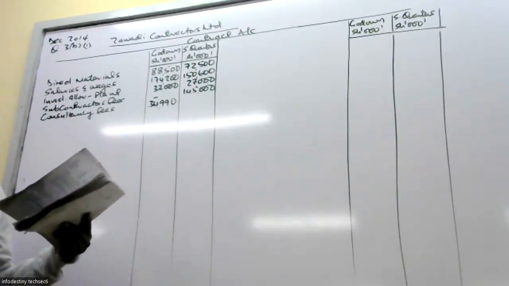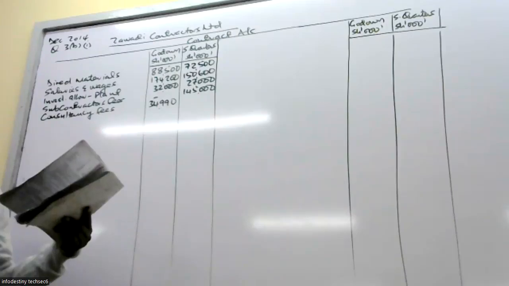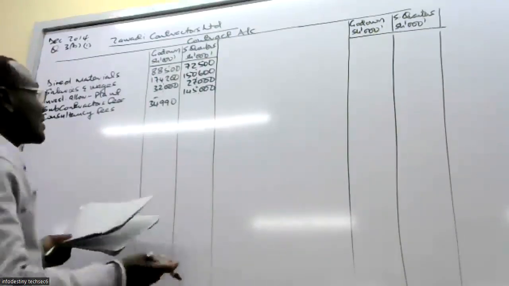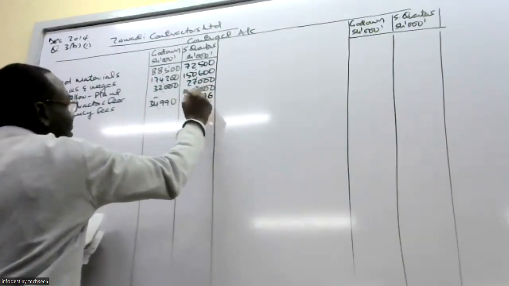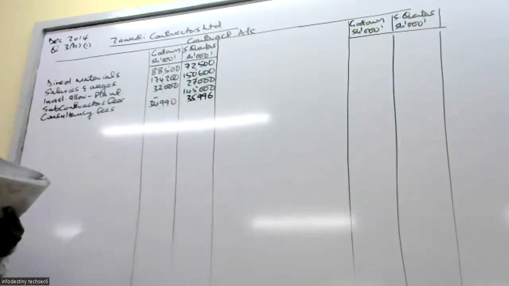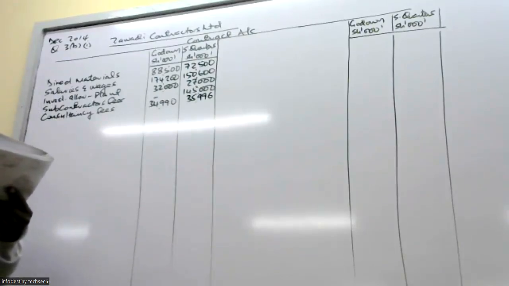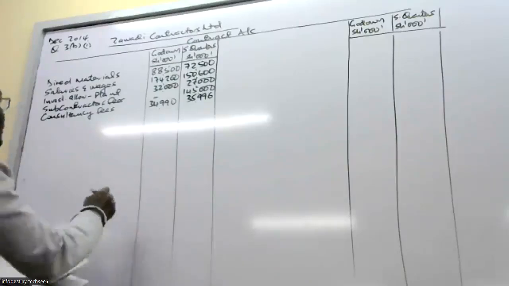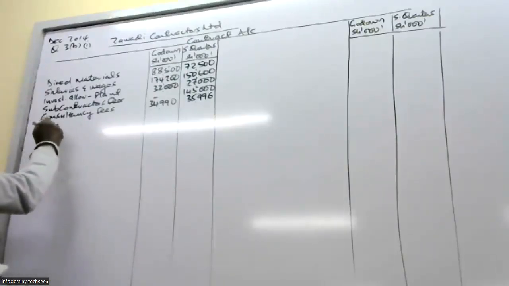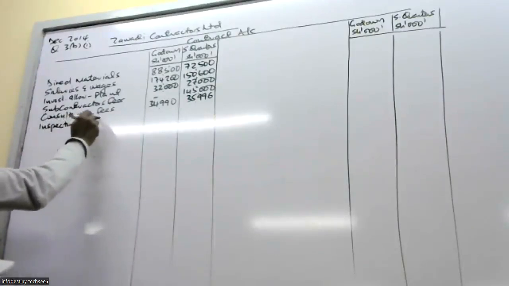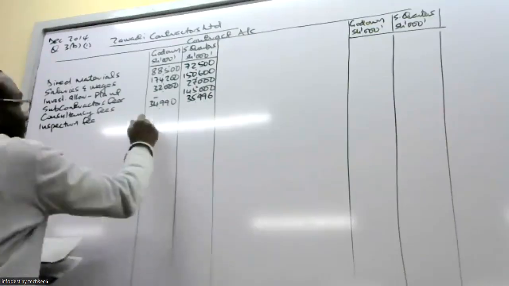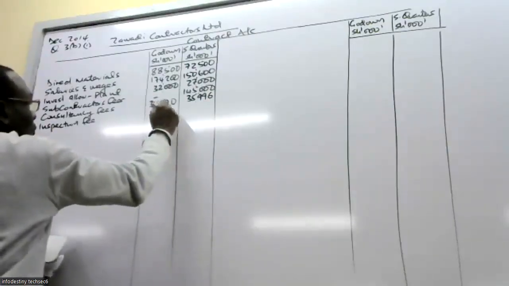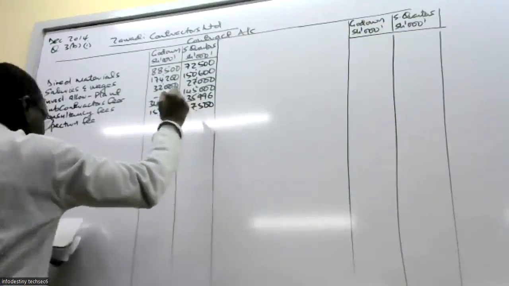Then the other consultancy is 36,000 minus 4, which is 35,996. Inspection fee. So inspection fee is 15,000 and 7,500. That's inspection fee.